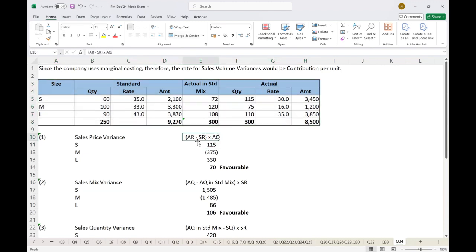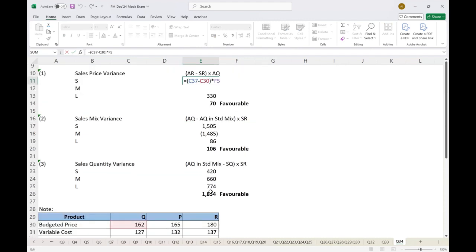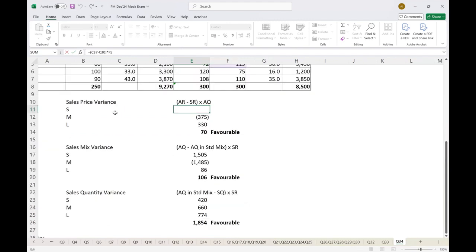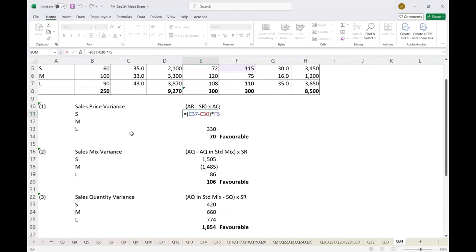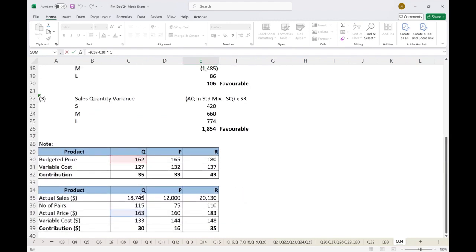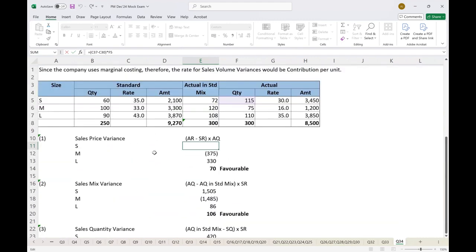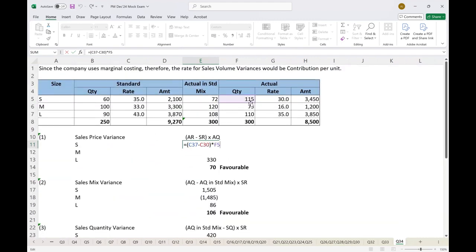So the formula for sales price variance is actual rate minus standard rate into actual quantity. We are doing sales price variance, so be careful, I have to use sales price. Do not make the mistake of using contribution here as well. So sales price variance will be 163 actual price minus budgeted price of 162 multiplied with the actual quantity 115.